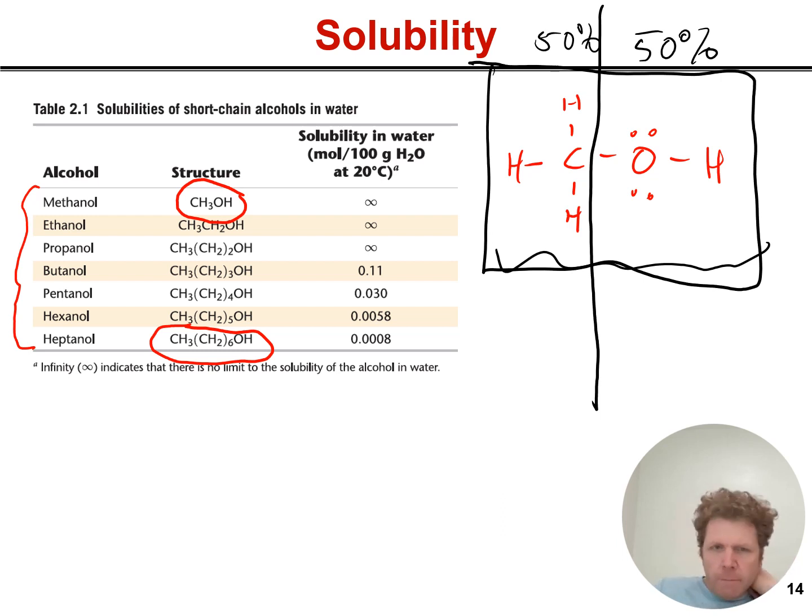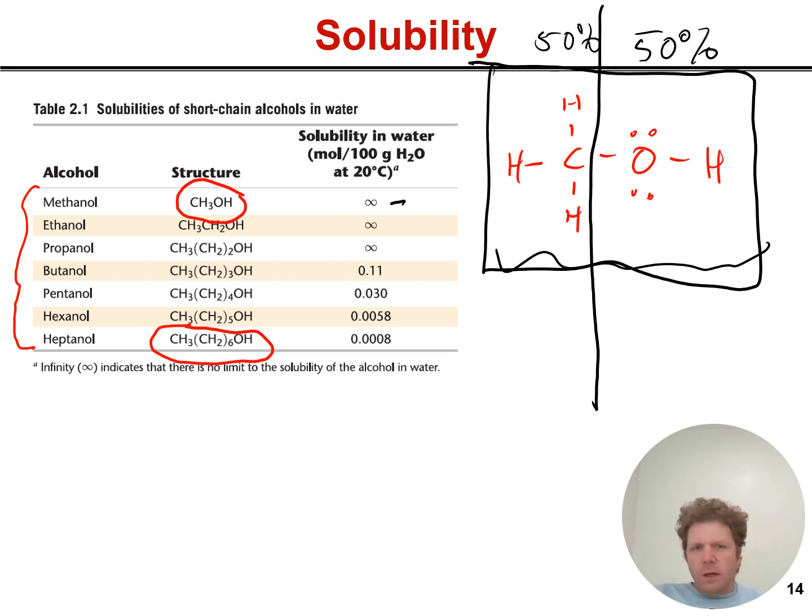But empirically or experimentally, the solubility of methanol is overall pretty good. It's going to go into solution with no real issues. So that draws me to say, okay, well, as long as about 50% of the molecule is polar, then it's going into solution well, when I'm talking about a short chain alcohol.